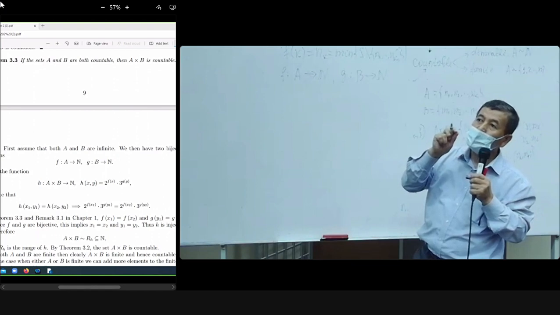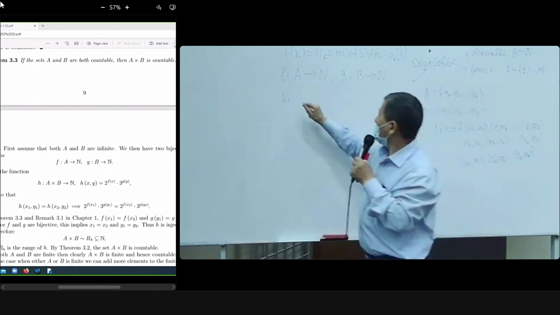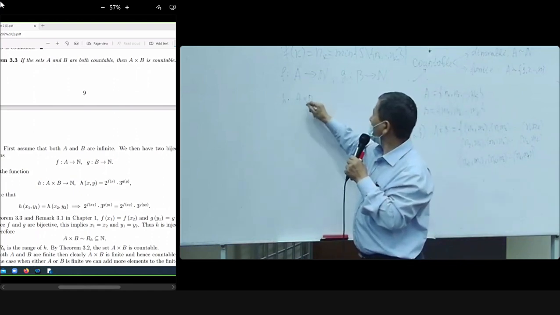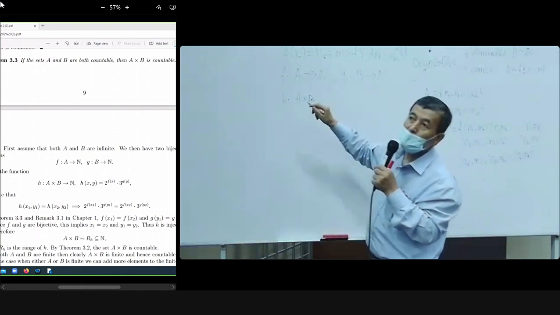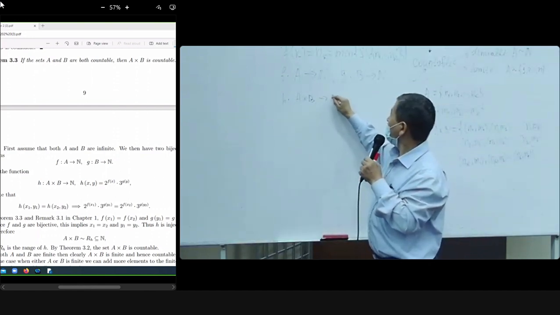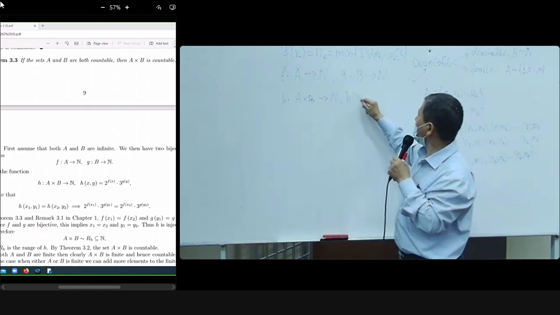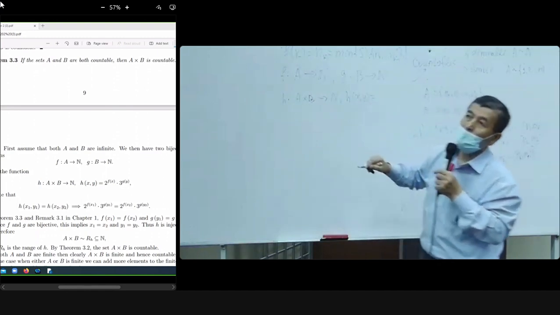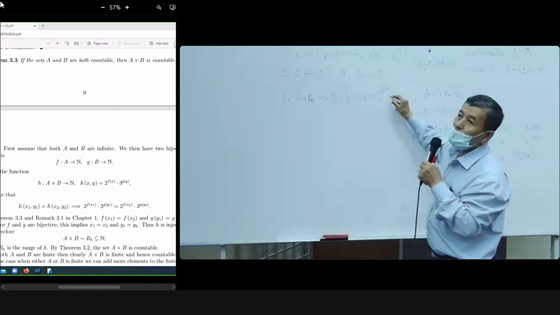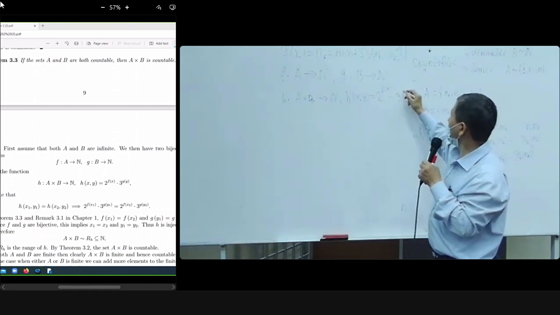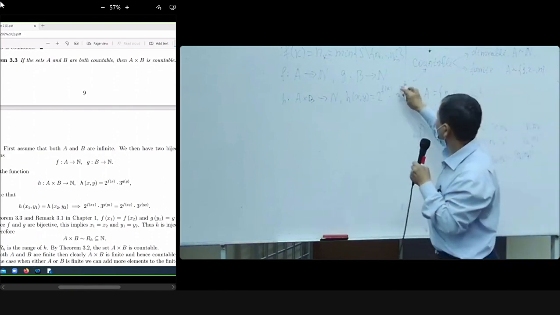Now define the function h from A times B, the Cartesian product, to N, defined by these. How they were able to find this is another issue, but currently it is defined using f of x and g of y.